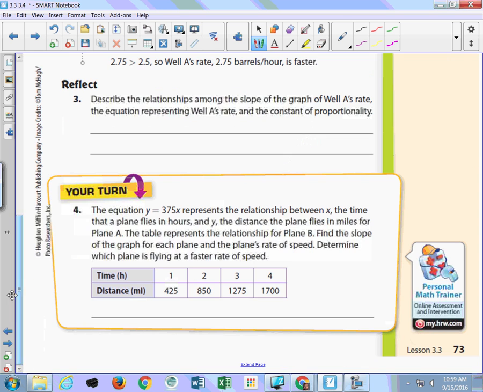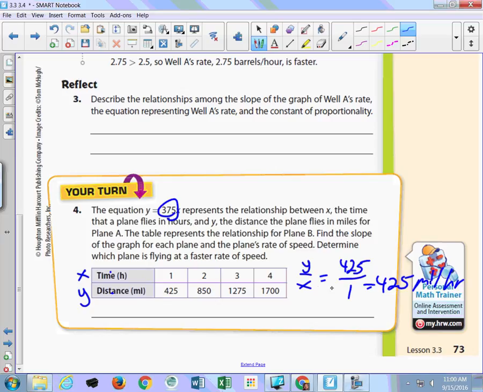All right. Same thing here. We have a table, so we can find slope. Just doing y over x. So my y over x here is 425 over 1, which is just 425. Okay, here's the slope in that one. So what is my label here? Miles per hour. So that's 425 miles per hour, or MPH.